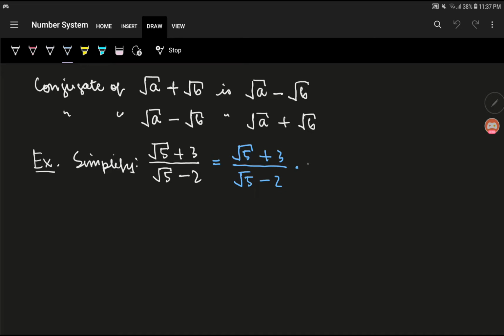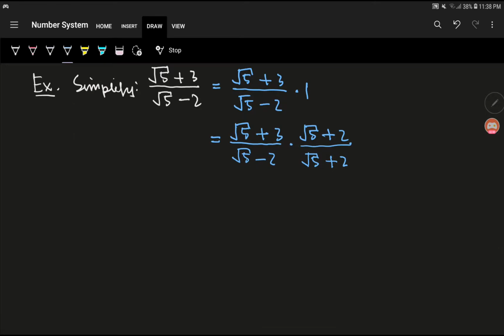Take note, actually this is multiplying by 1 first, and since it is 1, we can express 1 as a fraction using the conjugate. So we rewrite it as surd 5 plus 3 over surd 5 minus 2, and 1 can be rewritten as surd 5 plus 2 over surd 5 plus 2.